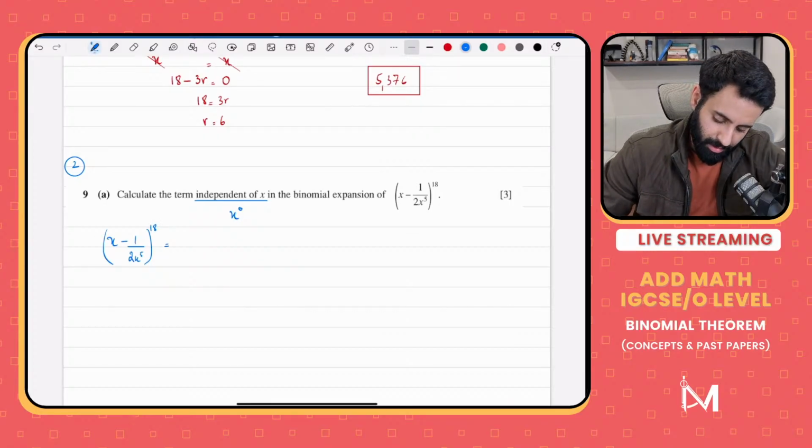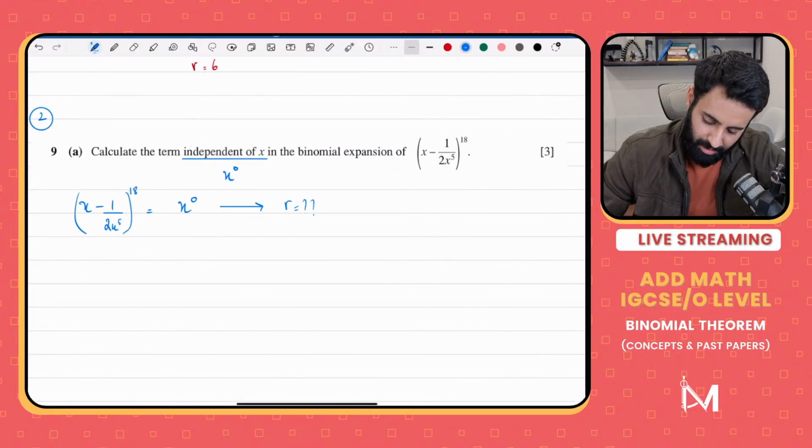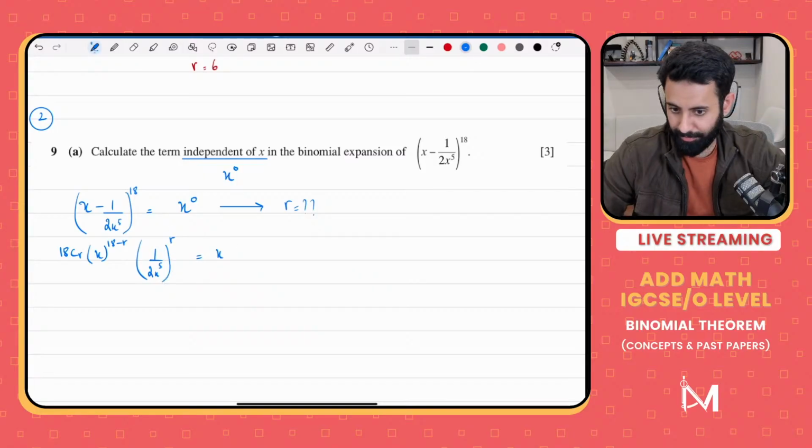So that means we want x power 0, and for that we want to find out what the value of r is. So we begin our journey with the general term: 18cr, x raised to the power 18 minus r, 1 upon 2x power 5 to the power of r, and this we equate to x power 0.